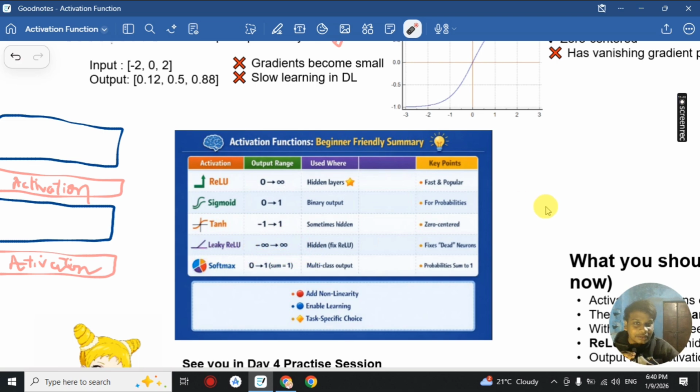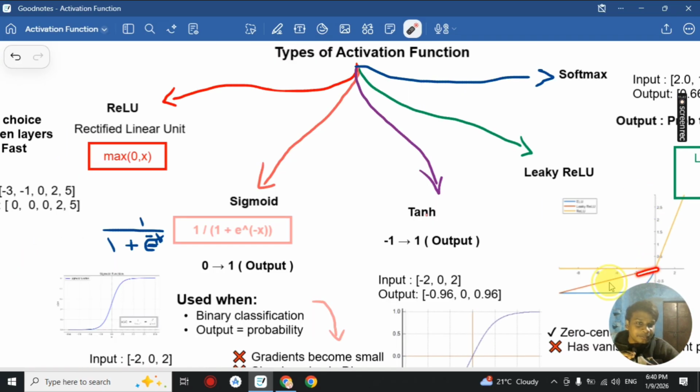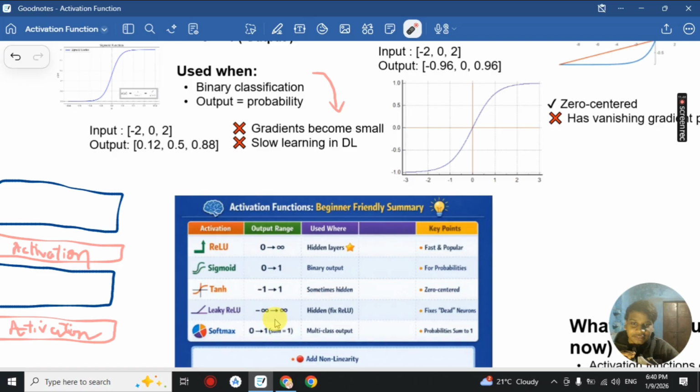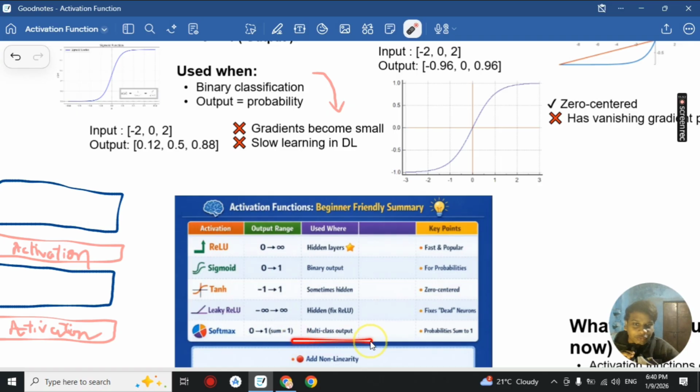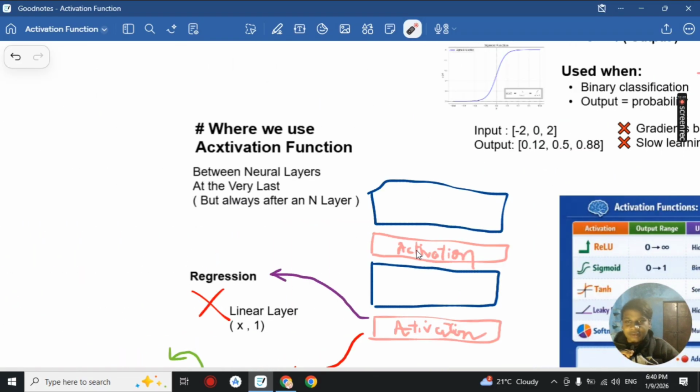Remember the small slope here, so it goes towards minus infinity. And softmax gives probabilities that sum to 1, and is generally used for multi-class output. Key points you can see here.